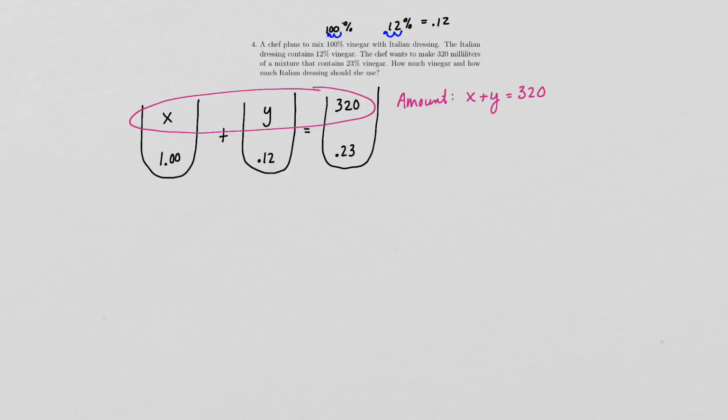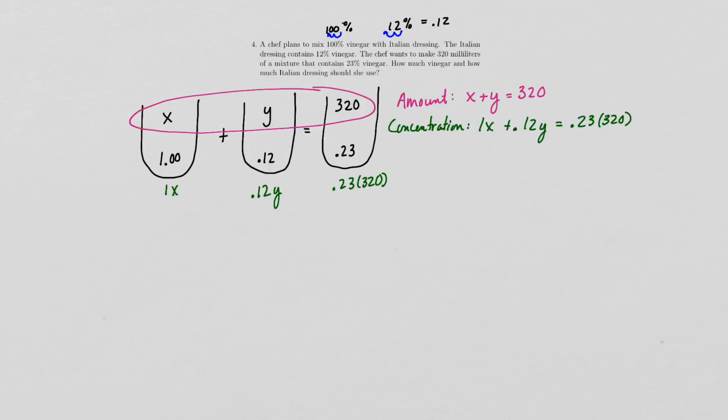And then that second equation we're going to get by multiplying. So this right here is just 1, so it's going to be 1x. This is 0.12y. And this is 0.23 times 320. So that concentration equation is going to be 1x plus 0.12y equals 0.23 times 320.